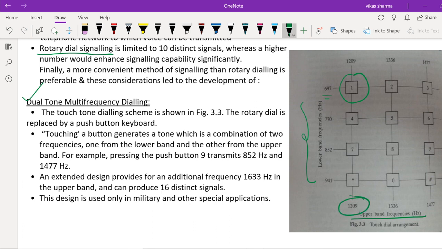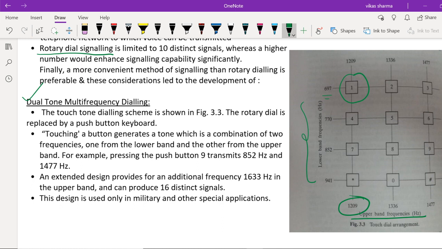So whenever we push a button, a combination of two frequencies is generated, one from the lower frequency group and another from the upper frequency group. Like in the example, 697 hertz from the lower and 1209 from the upper band is generated to denote a number.